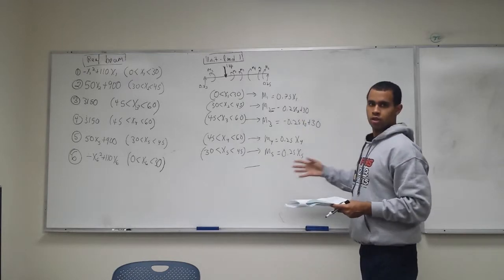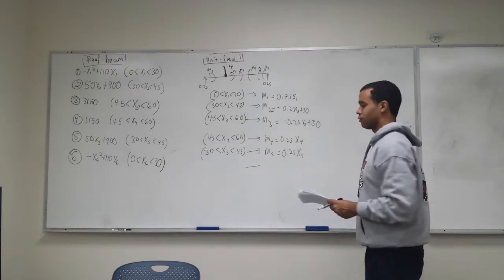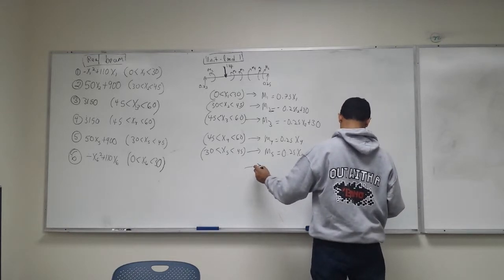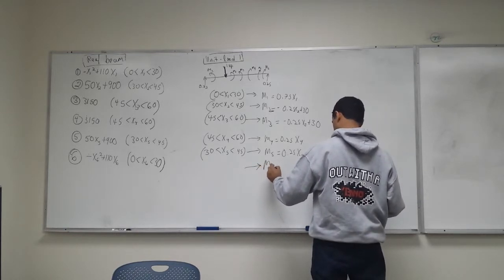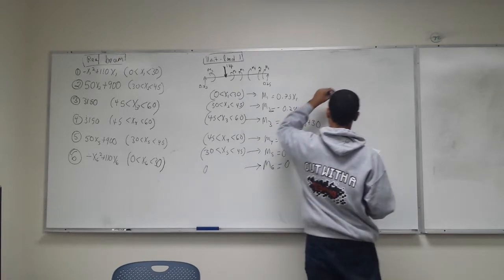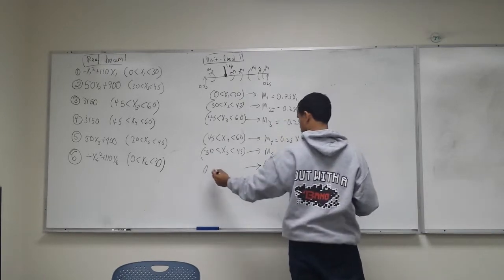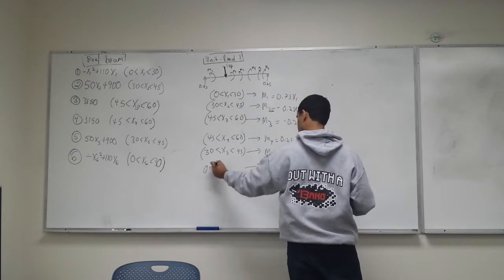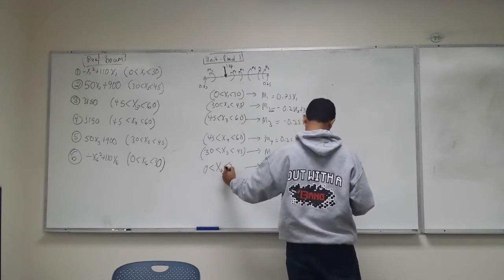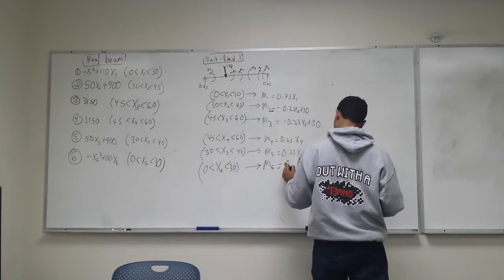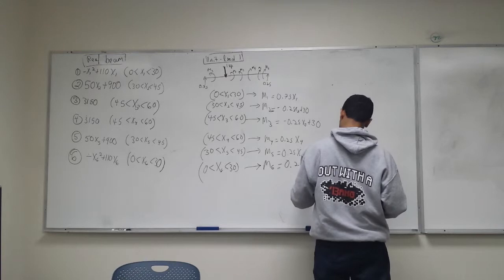This is for your viewing benefit of what I've done so far. M6 is going from 0 to 30, from right to left on the beam, and M6 is equal to 0.25 times x6.